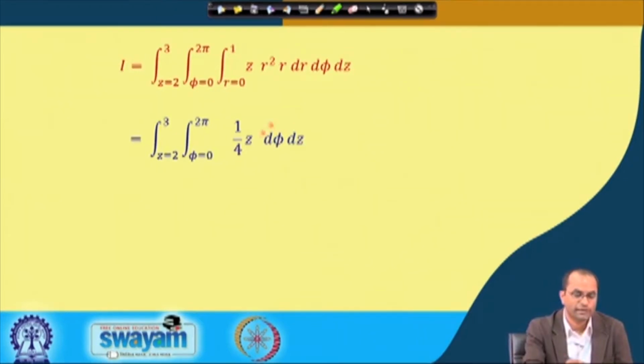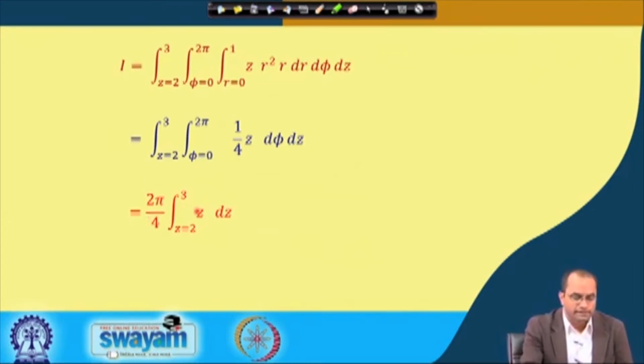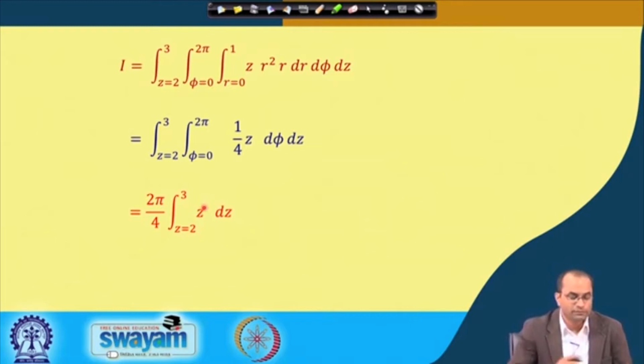With respect to phi, there is no phi term in the integrand. So, simply it will be phi, and then we put the limits 0 to 2 pi. The upper limit will give 2 pi. So, for this integral with respect to phi, we will get 2 pi. So, 2 pi times 1 by 4, and then we have z dz. Again, z dz is z square by 2, and then we need to put the upper limit and the lower limit.